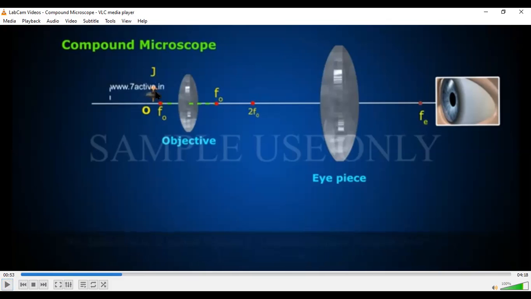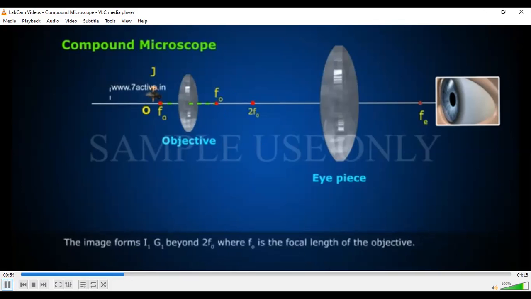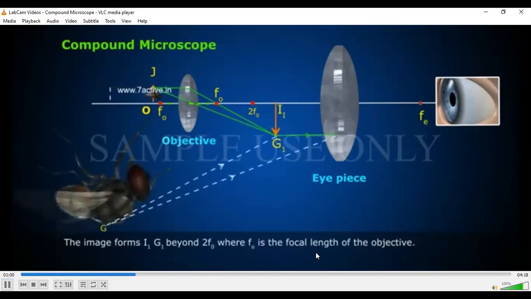You can see that this object is placed just outside the focal length, to have a real, inverted and magnified image from this objective lens. Just see how the ray diagrams are made from this. The image I1G1 forms beyond 2F0, where F0 is the focal length of the objective.